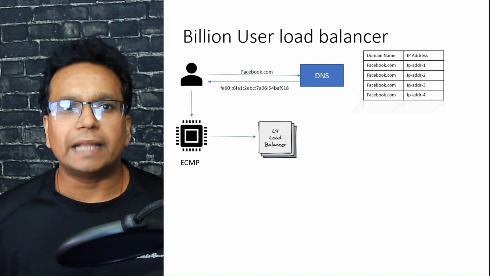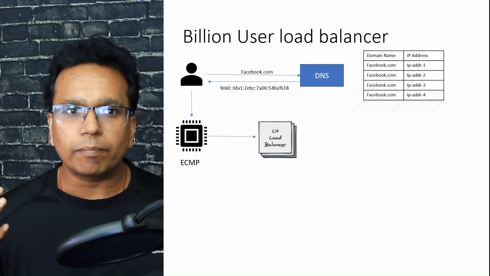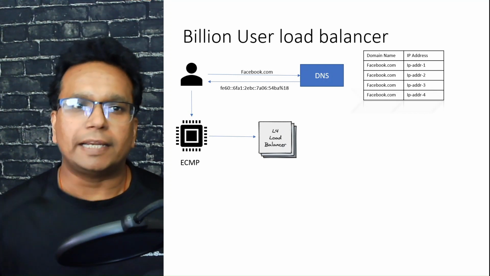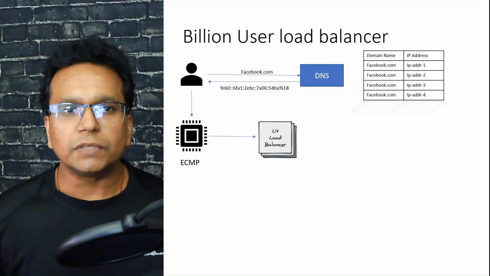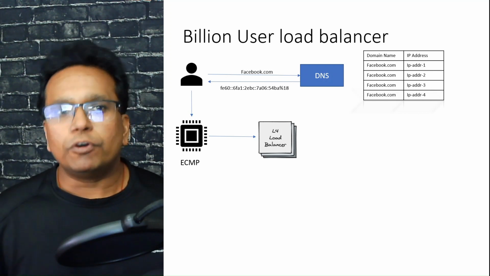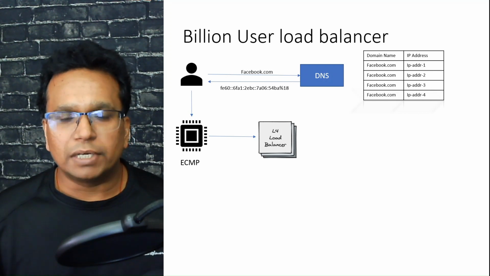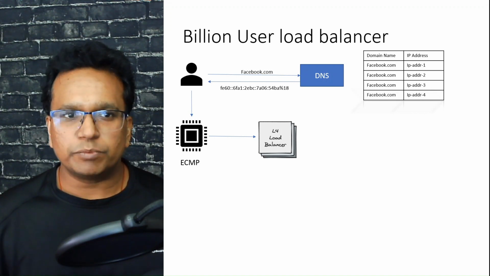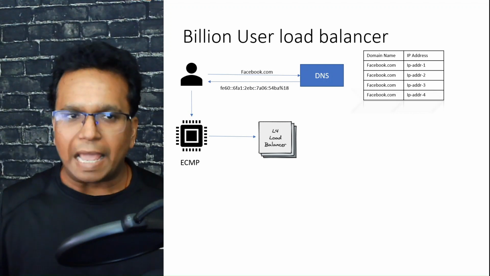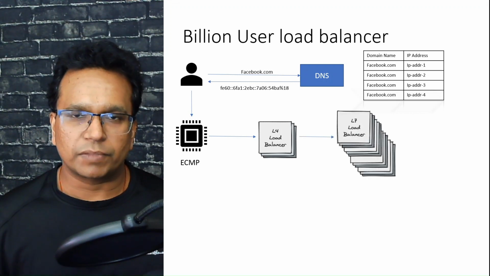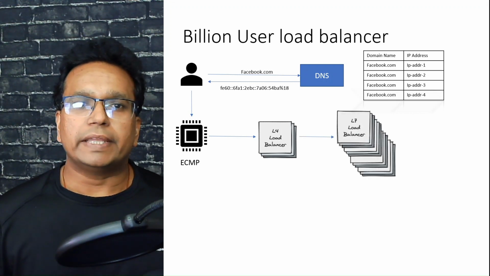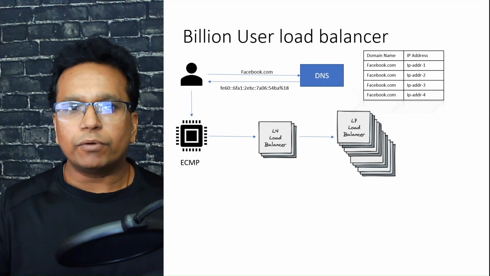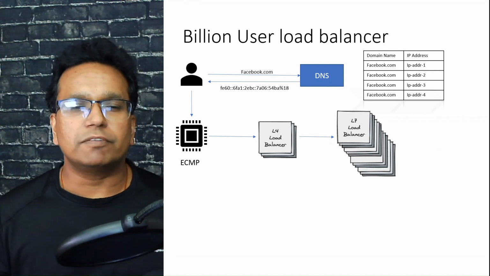So you can think I have tens of L4-based load balancers that have been deployed. Now when the request is received at the L4 level, it gets distributed to multiple L7-based load balancers. L4 load balancers could be something like 10, 15.